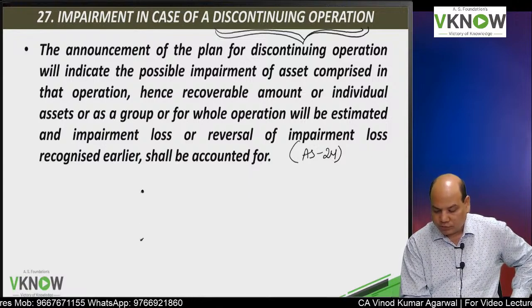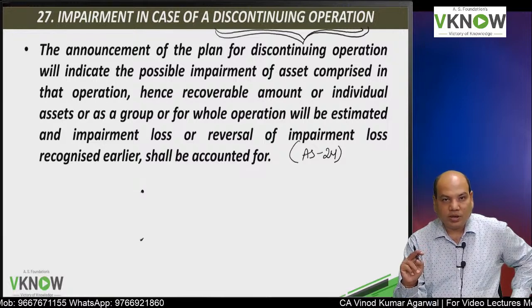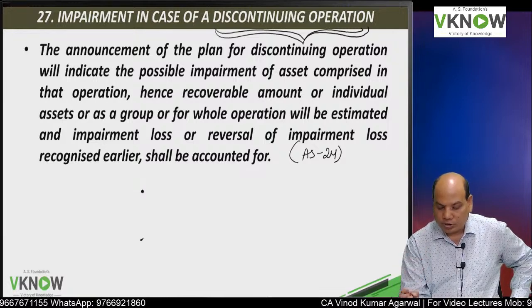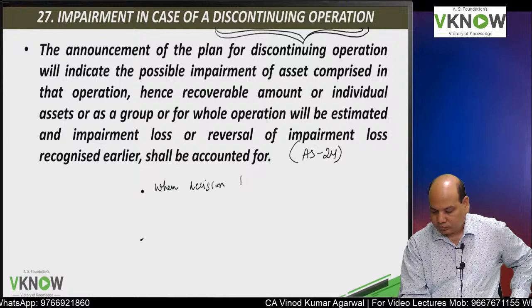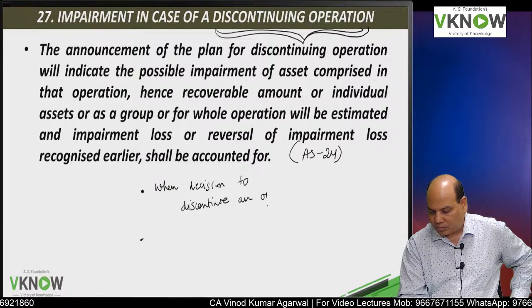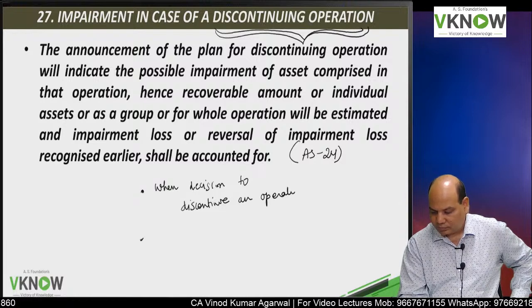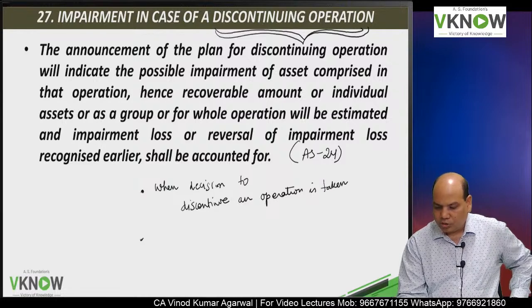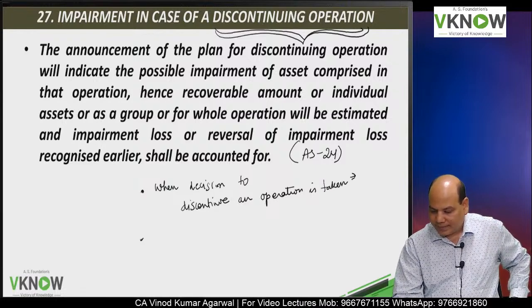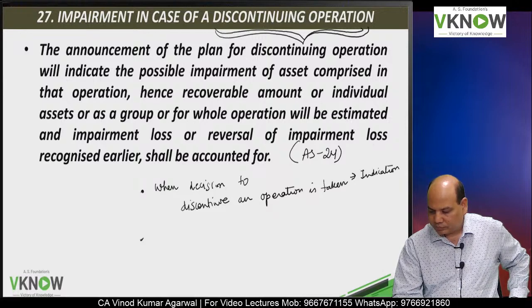So just two things. When the management decides to discontinue an operation, when the decision to discontinue an operation is taken, it is an indication of impairment.